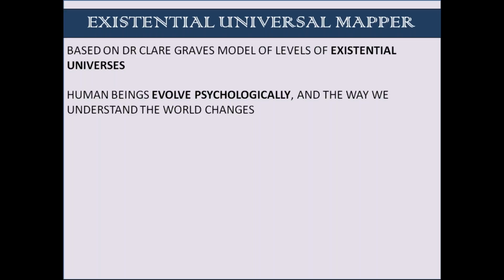People can exist in different existential universes based on their own individual personalities, the worldview that they belong to, and the context in which they exist. People can exist in any of these existential universes. These existential universes also correspond to a set of values, needs, motives, and assumptions, which is very particular to that level.